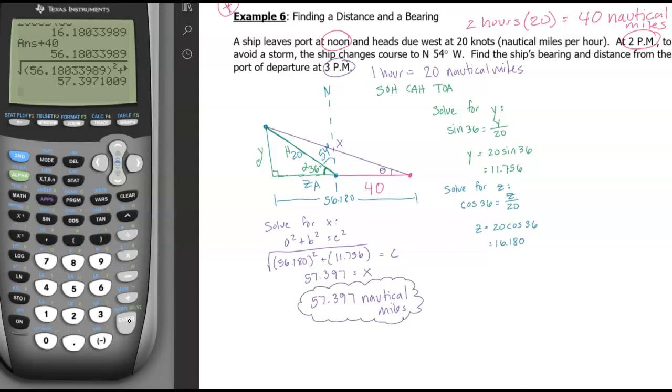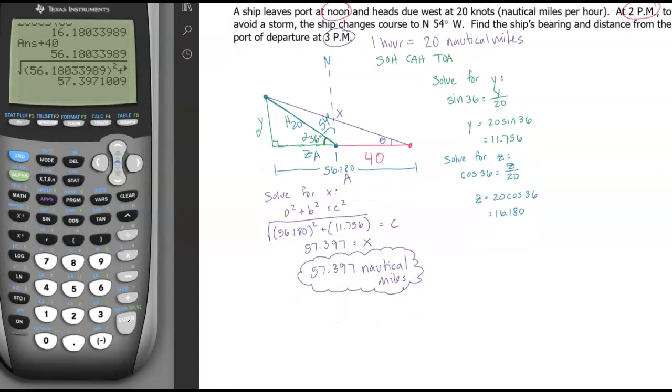Now I'm going to use trig, and I'll use the 56 number and the y number 11.756. The 56 number is, according to theta, our adjacent side, and according to theta, that y value is our opposite side. So I'm going to use tangent here.